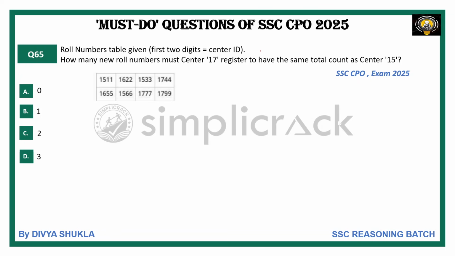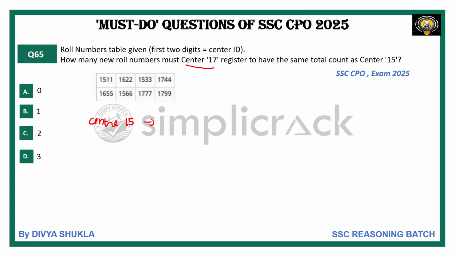Roll numbers are given to you. First two digits are equal to the center ID. How many new roll numbers must center 17 register to have the same total count as center 15? Now center 15 has 3 registered.